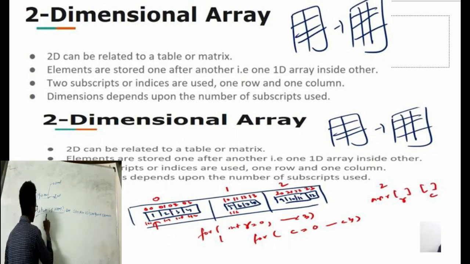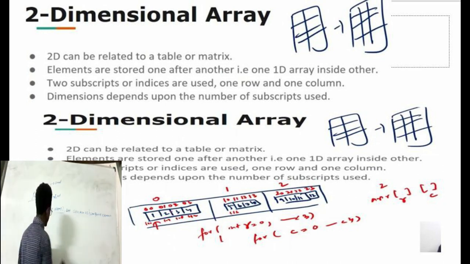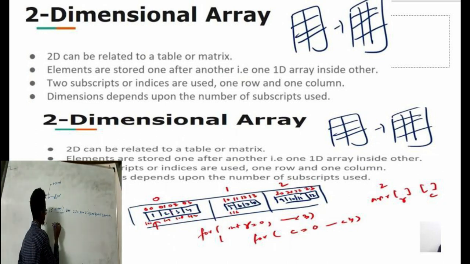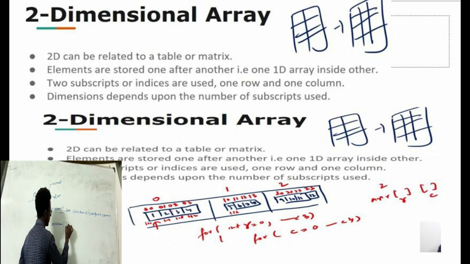The declaration and initialization are like those of a single dimensional array: array name, then the row count, then the column count.